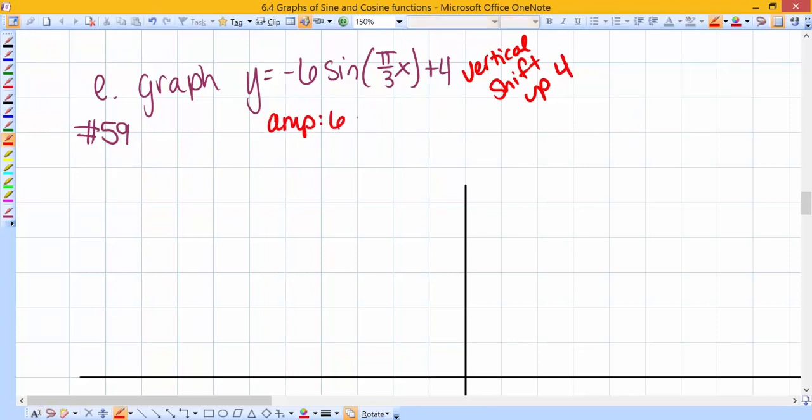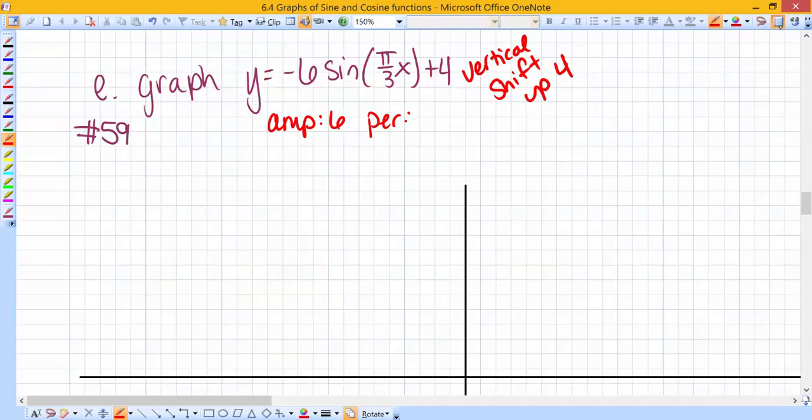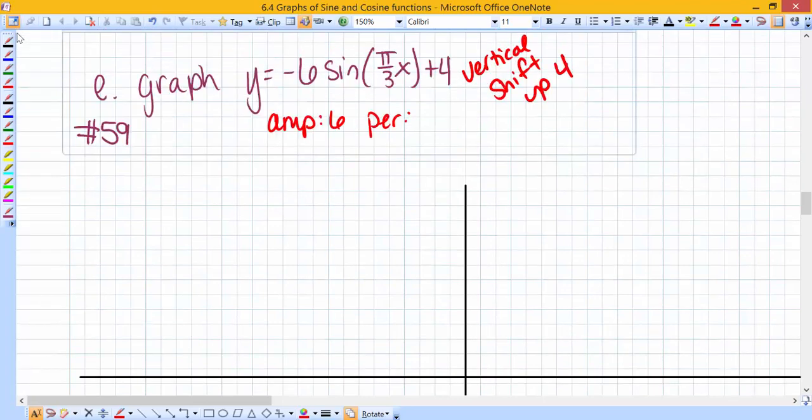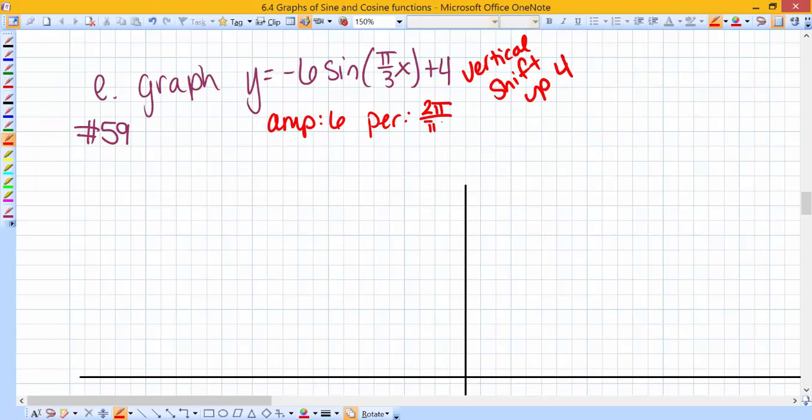My amplitude is 6. My period, I'm actually going to have to change. My amplitude is negative, which is going to make the graph start down first. My period is 2 pi over 3.